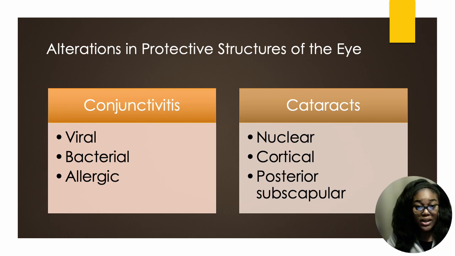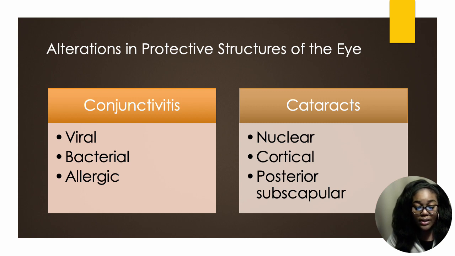Whereas bacterial conjunctivitis affects both eyes and has heavy discharge. Allergic conjunctivitis is triggered by an allergen, of course, but it normally affects both eyes and you have more symptoms such as itching, redness, and excessive tearing.